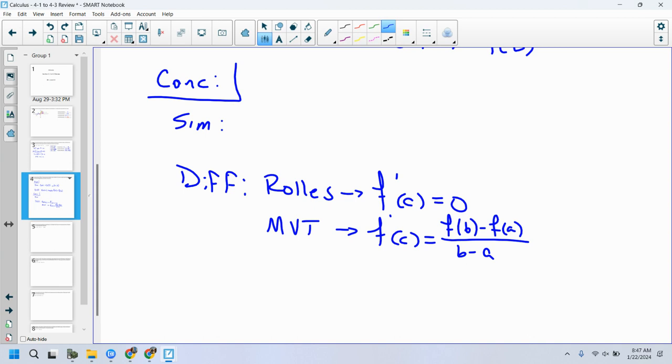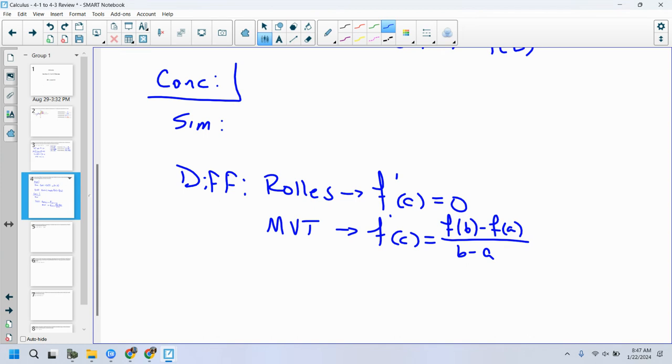In Rolle's theorem, you're saying that there must be some place in the middle where the derivative goes to 0. In the mean value theorem, it says that there must be some point c in the middle where the derivative is equivalent to the slope of the endpoints.